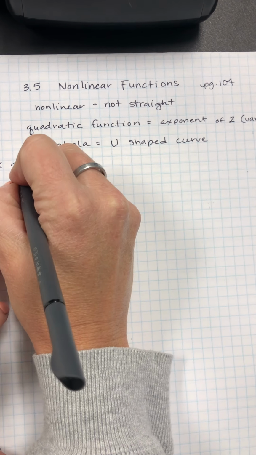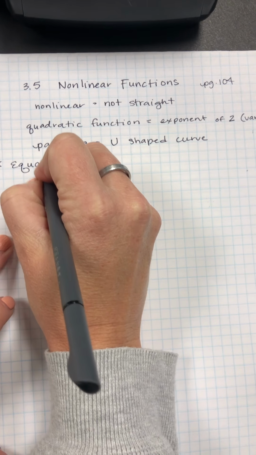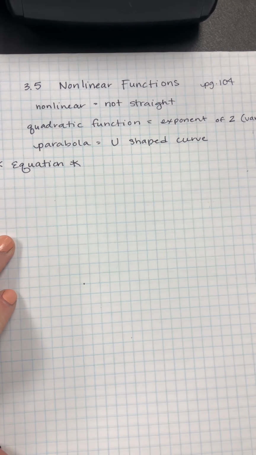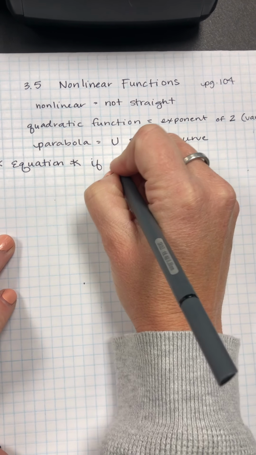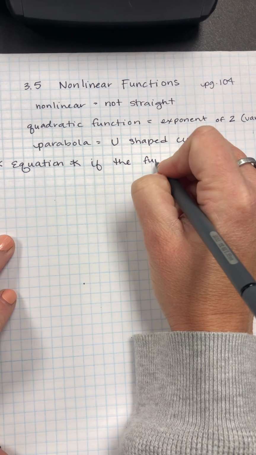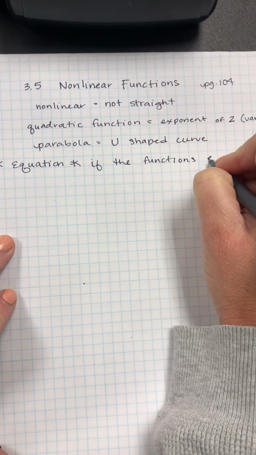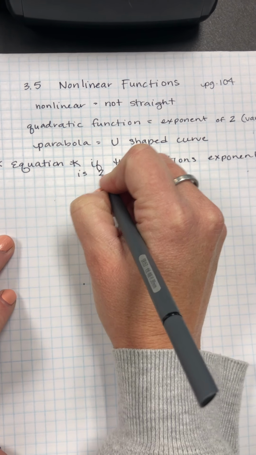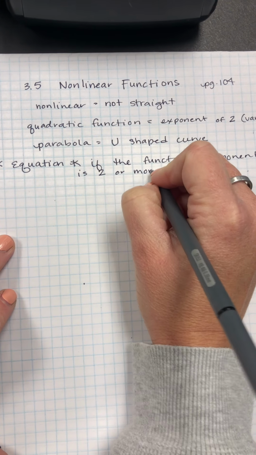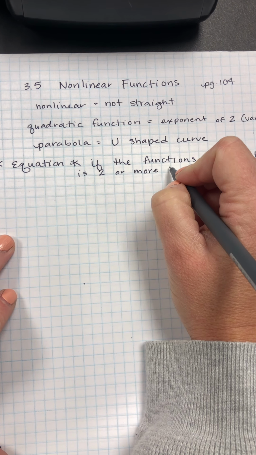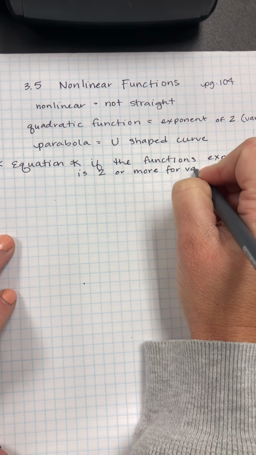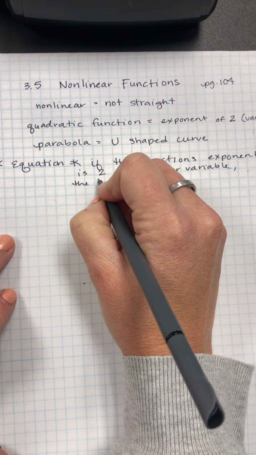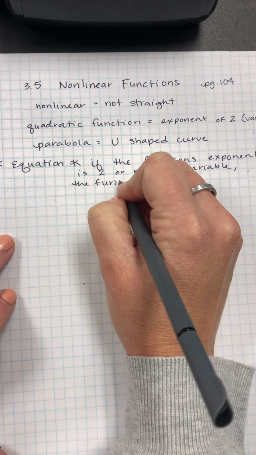And when you're talking about an equation, if the exponent for the variable is 2 or more, then the function is non-linear.